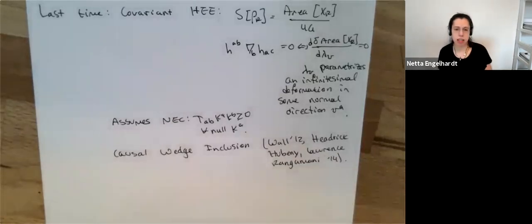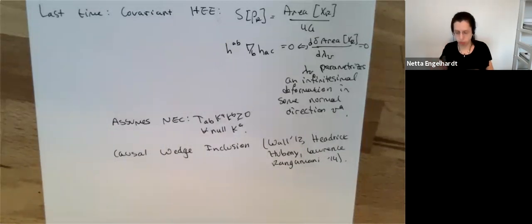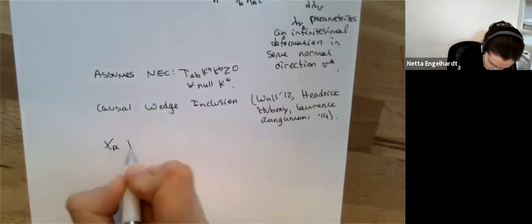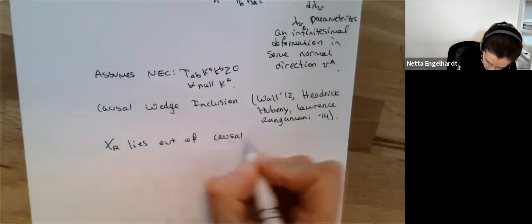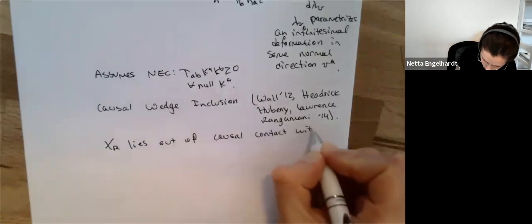It's the statement that the extremal surface, or in fact any extremal surface that's homologous to the region R, is not able to causally communicate with R. So X_R lies out of causal contact with D of R.